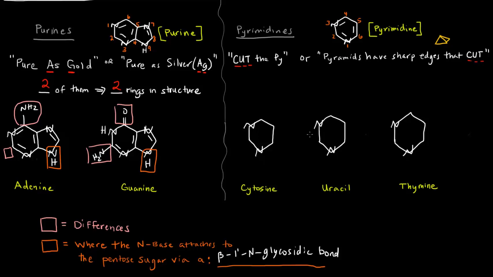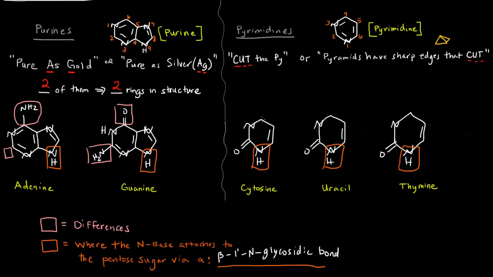So the pyrimidines all have one ring structure and these 2 nitrogens. They all kind of look like this. They all have a double bond here at the right side. They all also have hydrogens at this nitrogen, and that's actually their attachment site for all of them. In addition, they all have a carbonyl group here at the bottom left.